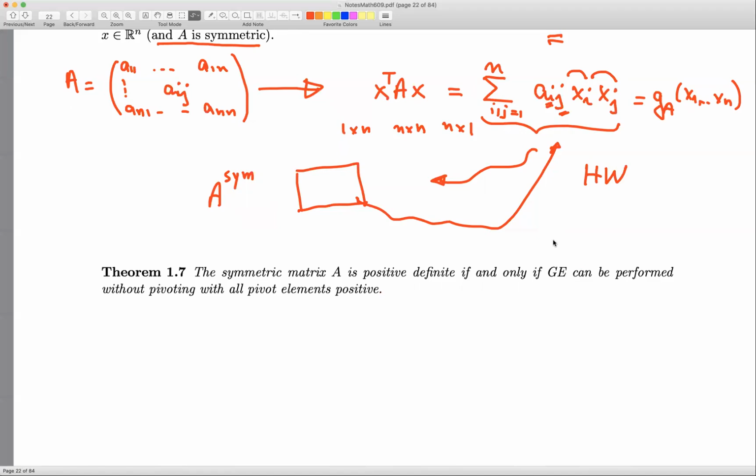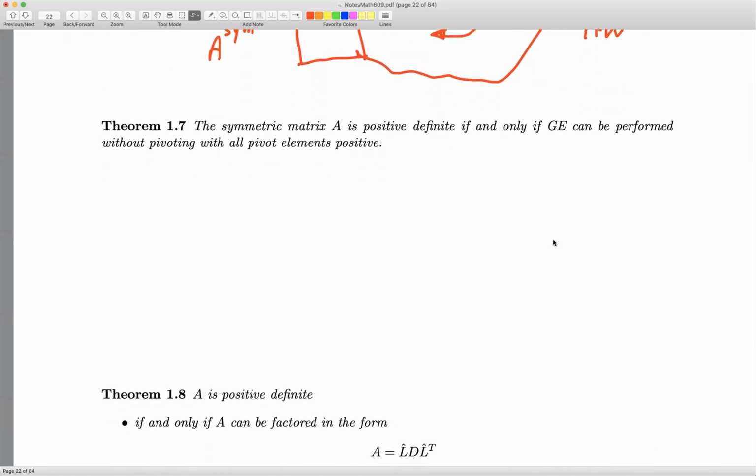So this basically also tells you, as in the previous theorems, that the matrix A will have an LU factorization, not P times A, but the matrix A itself will have an LU factorization.